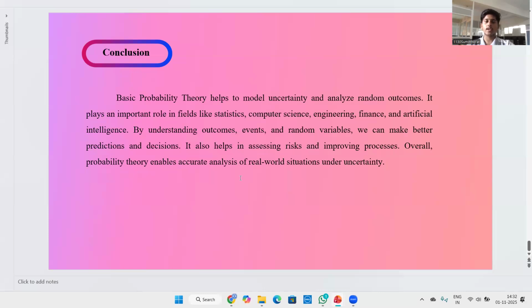It's fundamental to AI, statistics, engineering, and finance. By understanding events, outcomes, and variables, we make better predictions. Probability connects mathematics with real-world problems. It enables logical thinking, risk analysis, and informed decision making. In short, probability is the foundation of intelligent and predictive systems.